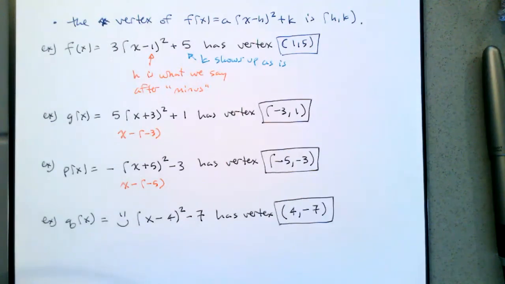Doesn't matter what the leading coefficient is. The leading coefficient doesn't determine the vertex. The leading coefficient is just telling us what direction the parabola goes.